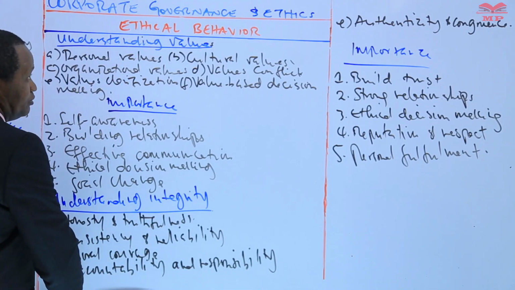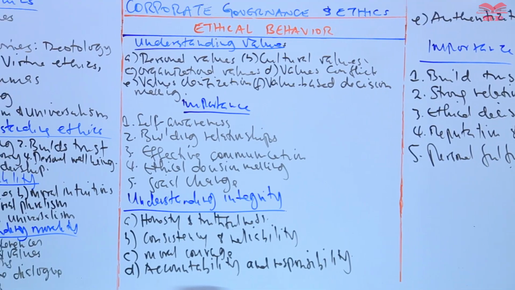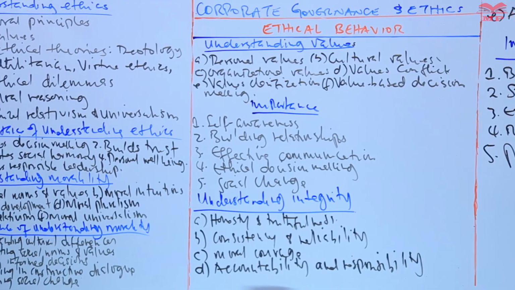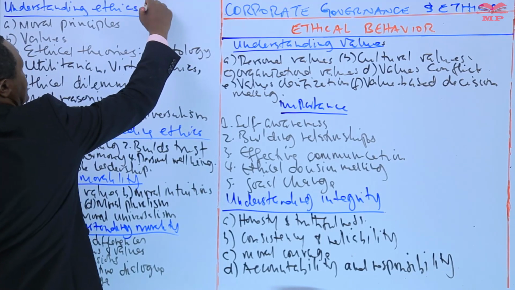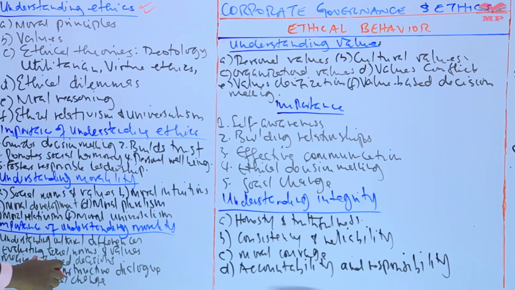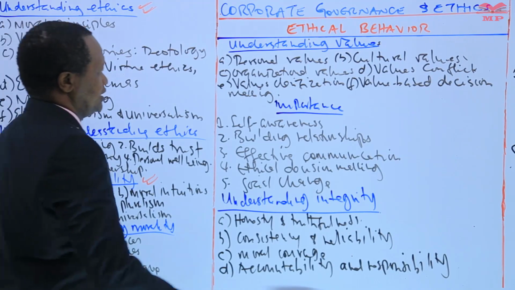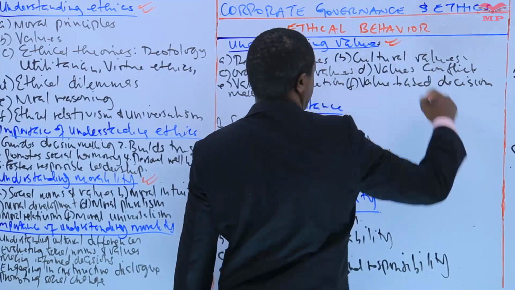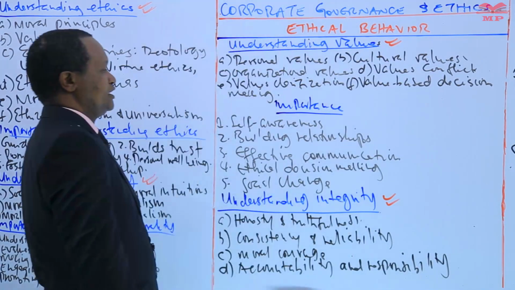And that will bring this lesson to an end, where we've discussed 4 aspects or 4 areas. We began by studying the aspects of understanding ethics, understanding morality, understanding values, and understanding integrity.